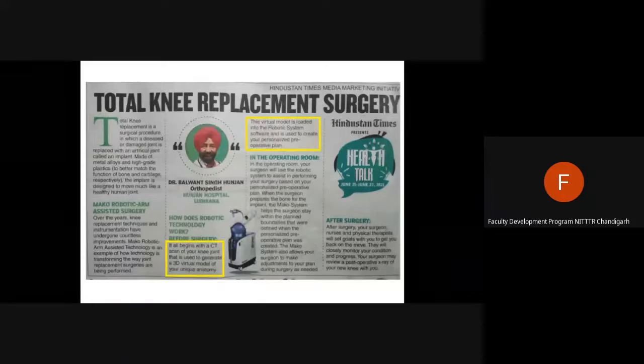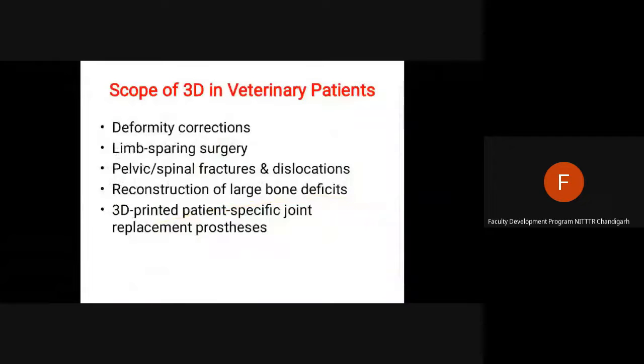This type of technology is quite common, but I hope it is imported technology, and we can create a similar one for veterinary patients as well. To sum up, this is an emerging technology, and we have a lot of scope.